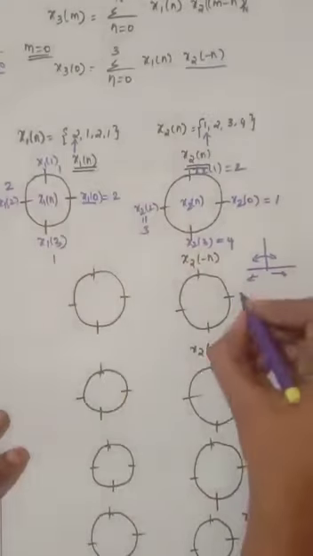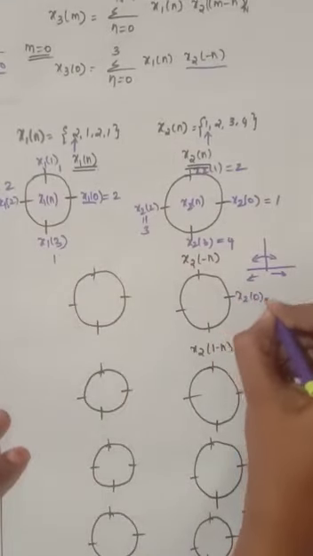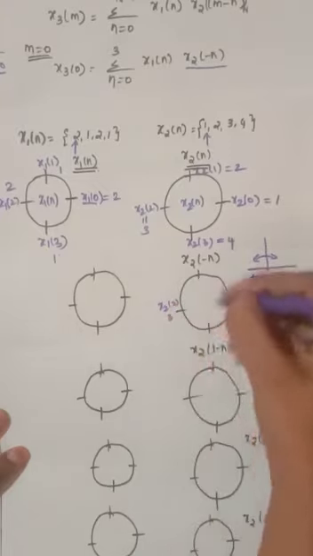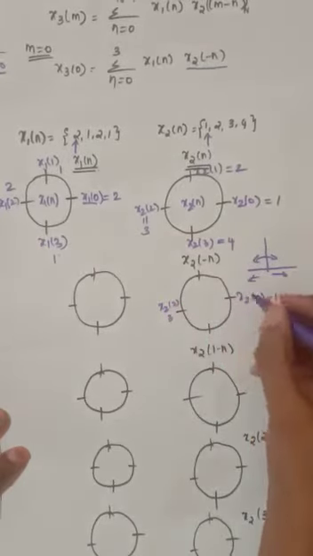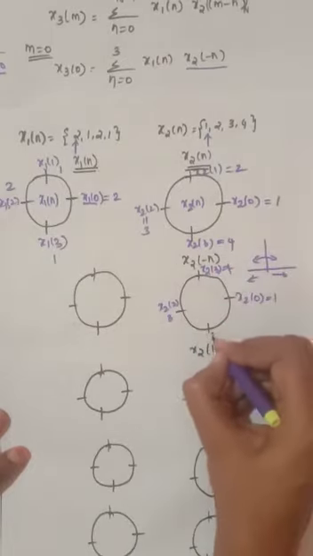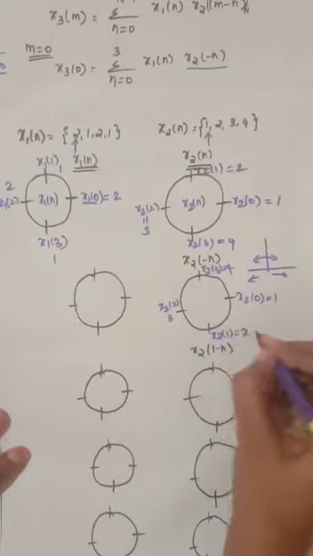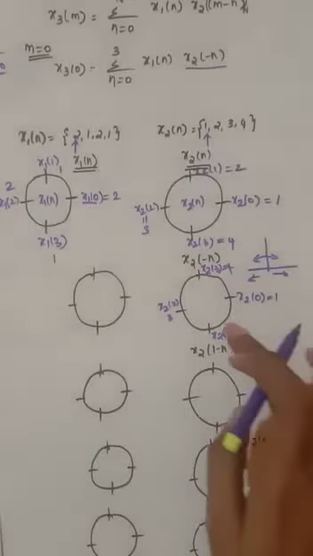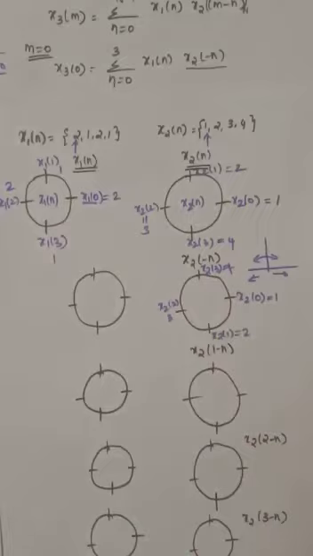So x2 of 0 will be represented as such, here you will get x2 of 2 is equal to 3, only these two values change. Here you will get x2 of 3 as 4, and here x2 of 1 as 2. This is how we perform the folding operation.